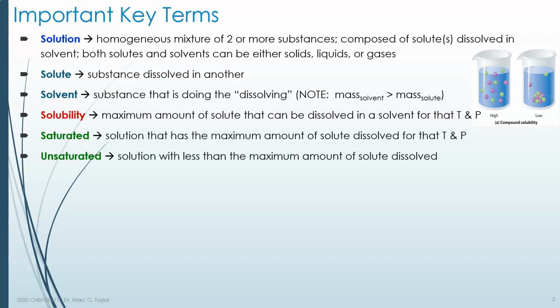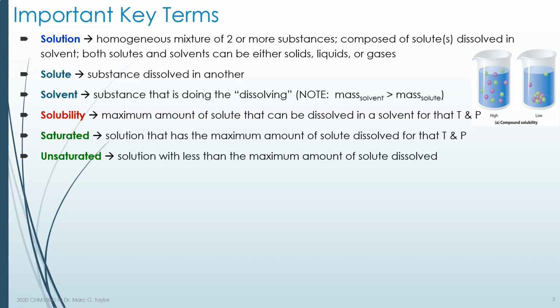And we have several words that describe how much solution has occurred relative to the maximum. Saturated means a solution that has the maximum amount of solute that can possibly be dissolved for that temperature and pressure. And unsaturated means anything less than the saturated level that is dissolved.